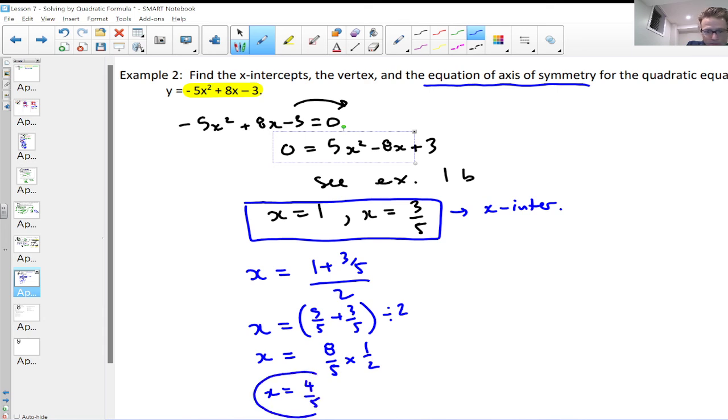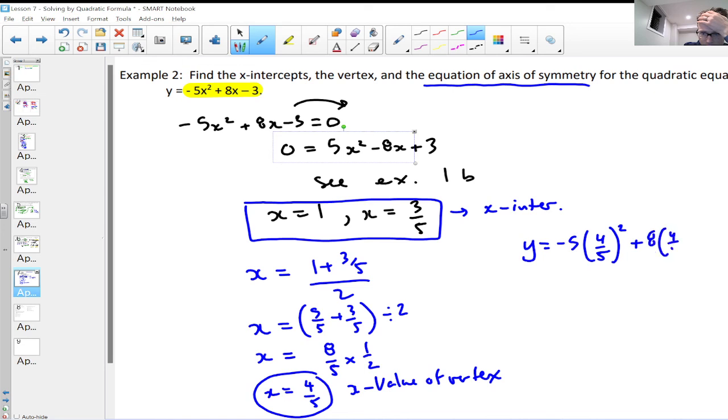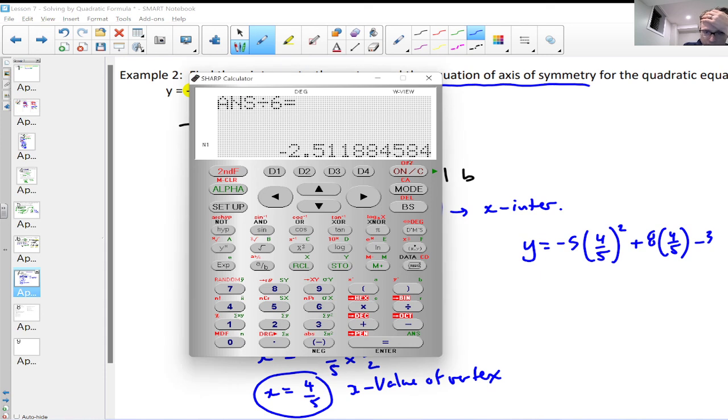So this right here is the x value of the vertex. So using the quadratic formula, I can actually find the x value of the vertex. And of course, how do I find the y value? Plug it in. So what I'm going to do here is take my original equation, y equals negative 5, plug in 4 over 5 into my x's. Use my calculator, of course.